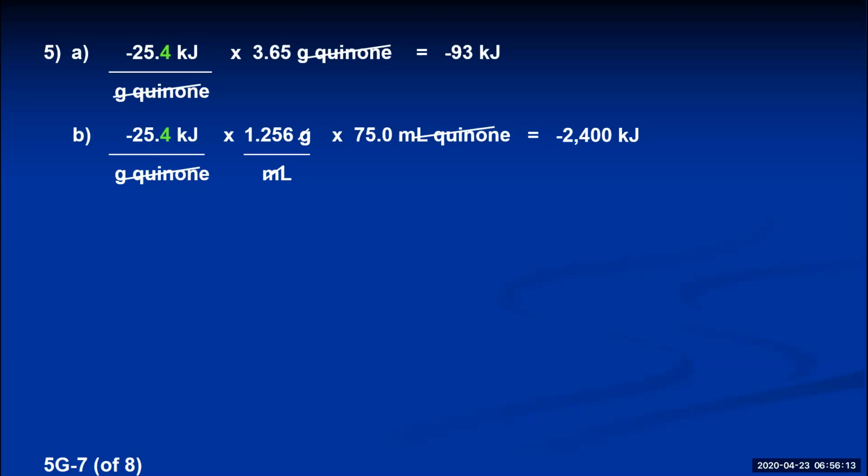Number 6. A bomb calorimeter with a heat capacity of 10.8 kilojoules per Celsius degree has an initial temperature of 23.32 degrees Celsius. A 1.056 gram sample of benzoic acid is combusted in the calorimeter. If the benzoic acid has a heat of combustion of negative 26.42 kilojoules per gram of benzoic acid, calculate the final temperature of the bomb calorimeter.